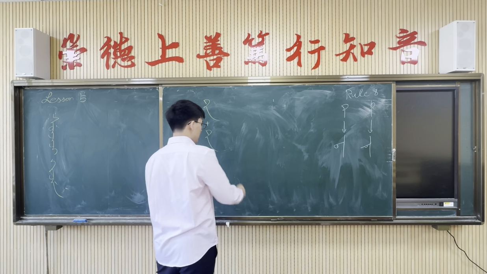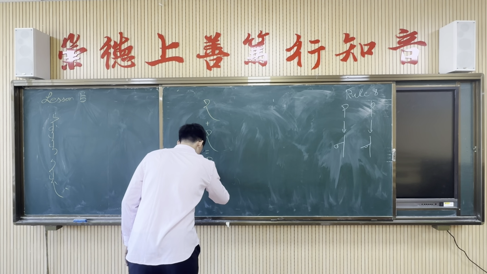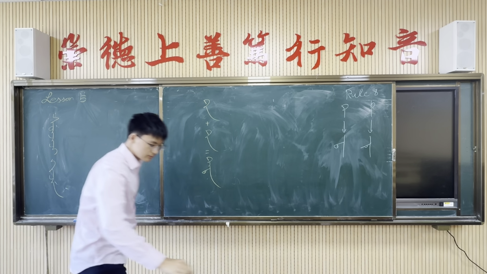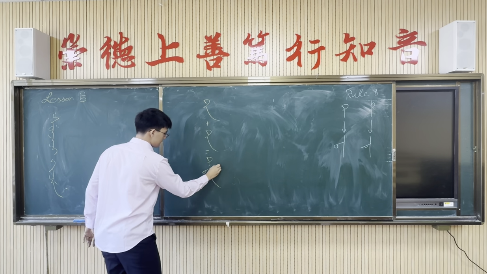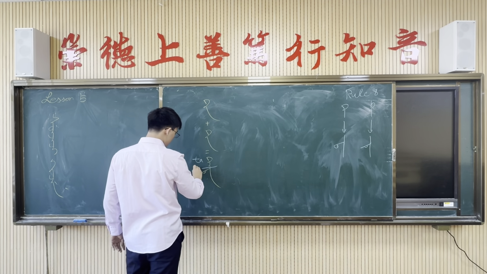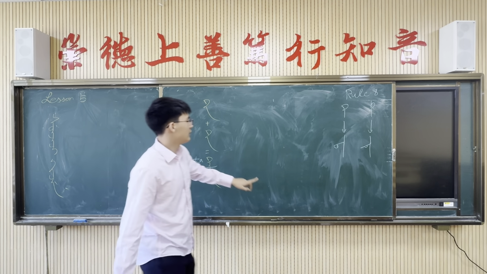Now applying rule 8 turns to ta ta. So we can see that it's split into two parts. And this area stems from this rule.